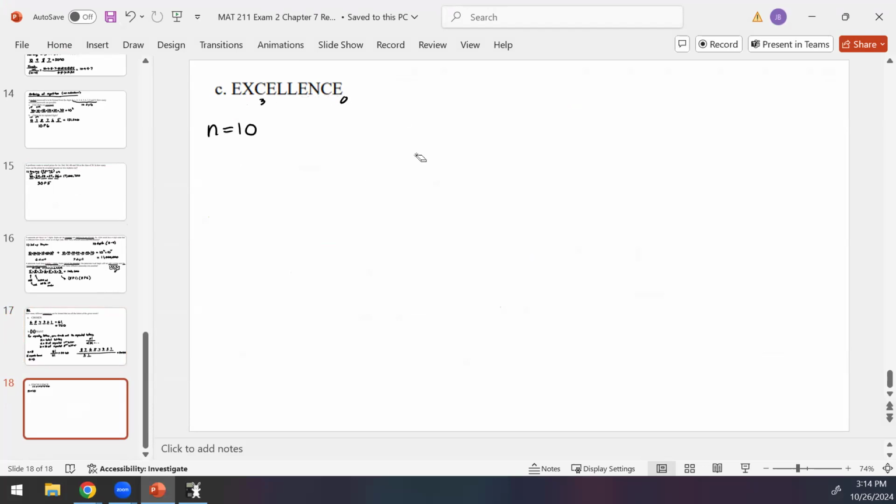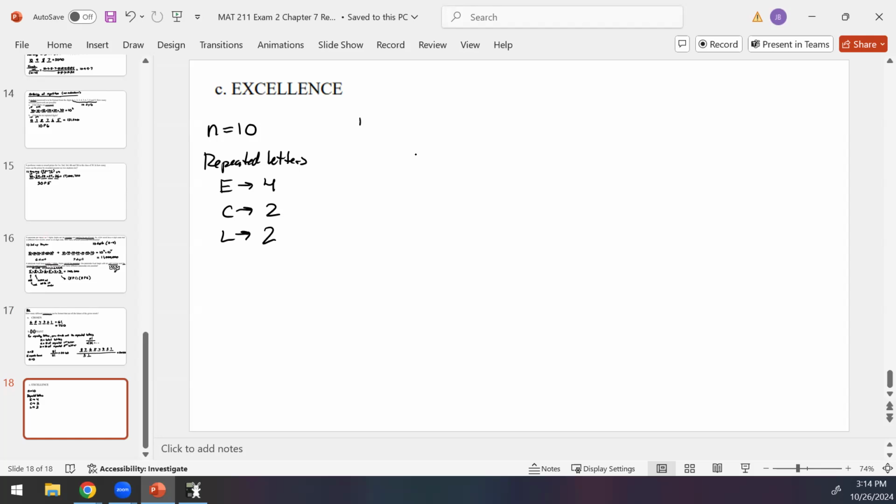And then which letters repeat? So E repeats, and it's going to be 4 times. And then X is 1, C is twice, and then L is twice. N is once, and I think that's all of them, right?